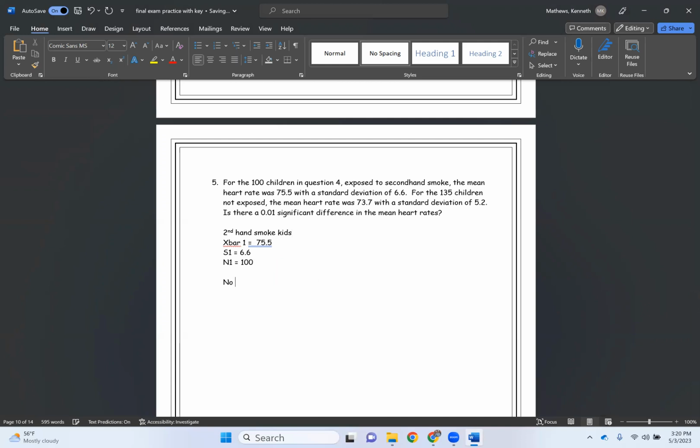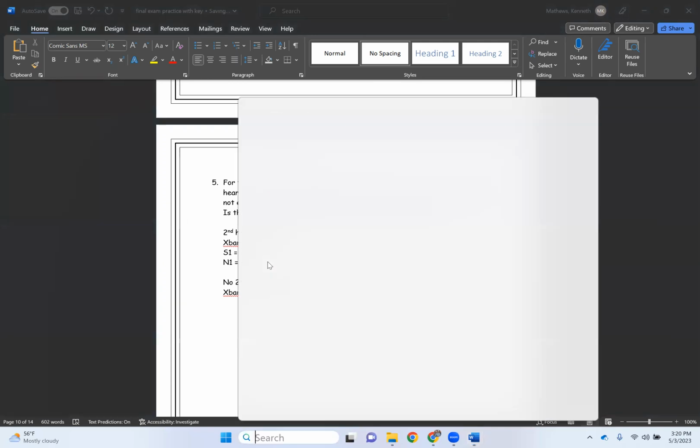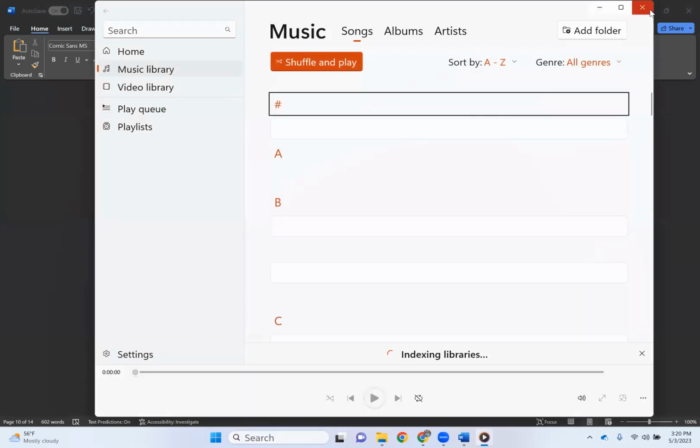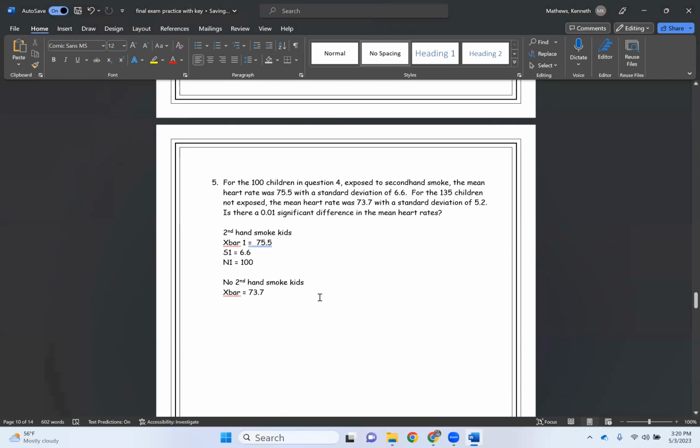Okay, so no secondhand smoke. What do we know? There's 135 of them, and their heart rate was 73.7. So X bar 2 equals 73.7.